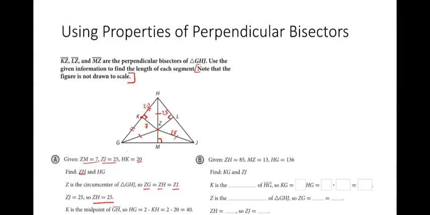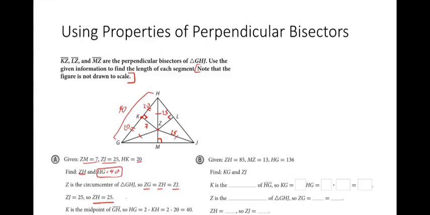And if we're going to find HG, that means the whole side here, we know that makes two 20s, right? Because those two distances have to be the same. So GH has to be 40. So again, HG should equal 40.